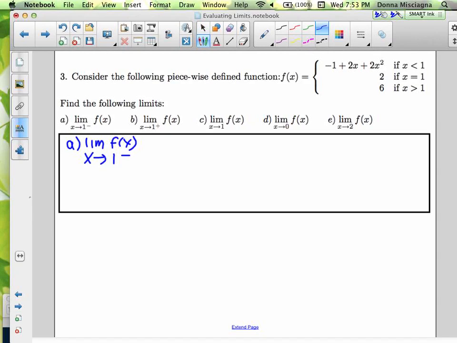So that's going to be negative 1 plus 2 times 1 plus 2 times 1 squared, which would give us negative 1 plus 2 plus 2, which is 5.